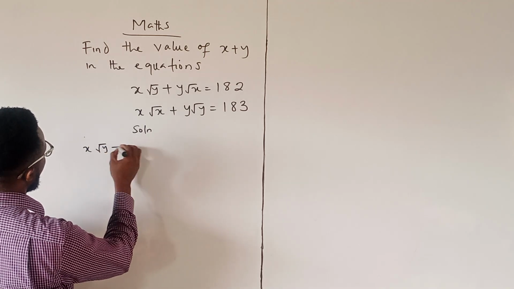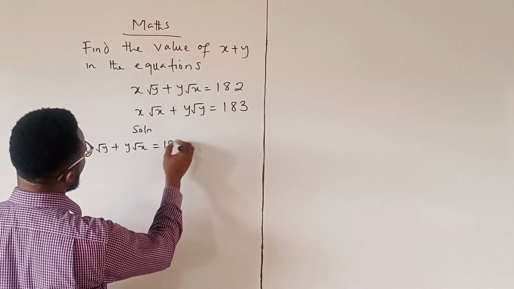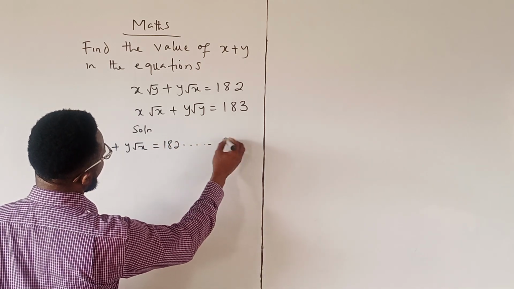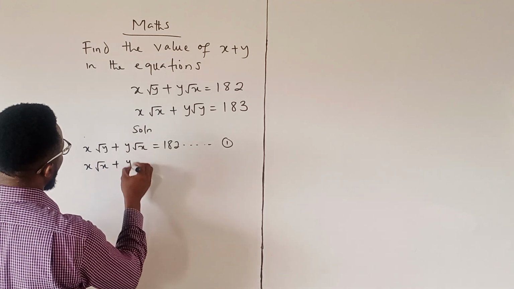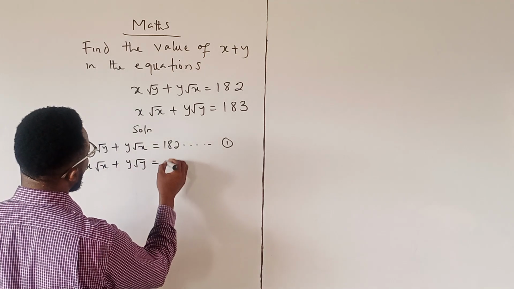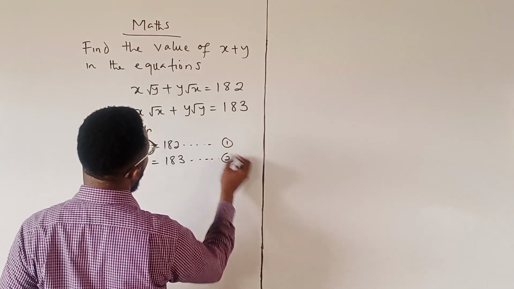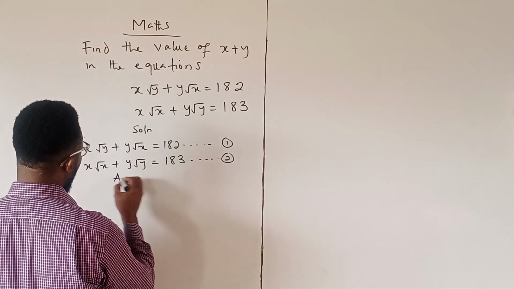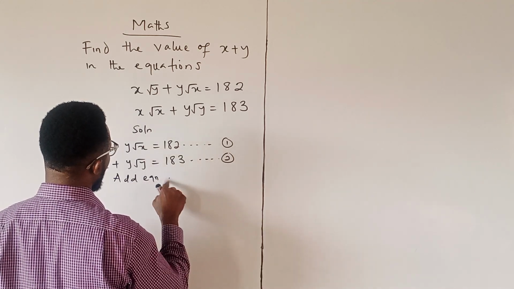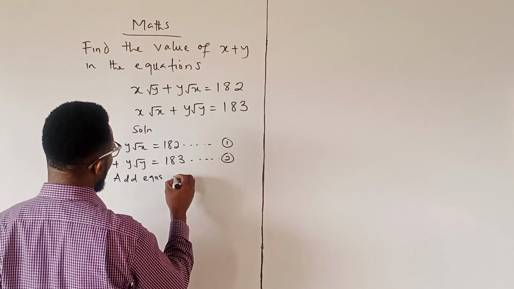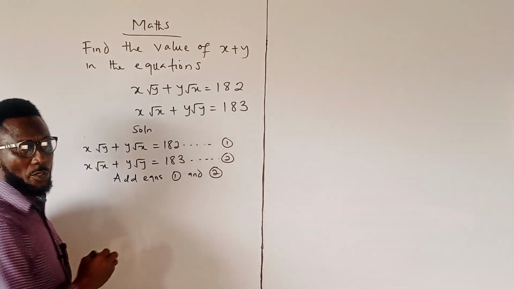x rad y plus y rad x equals 182. This is equation 1. x rad x plus y rad y equals 183. This is equation number 2. So I will add equations 1 and 2 together.